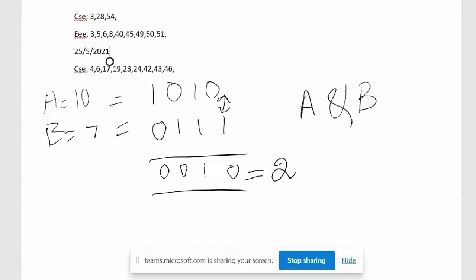Similarly, if I want to perform the OR operation. So you can see here the OR operation.